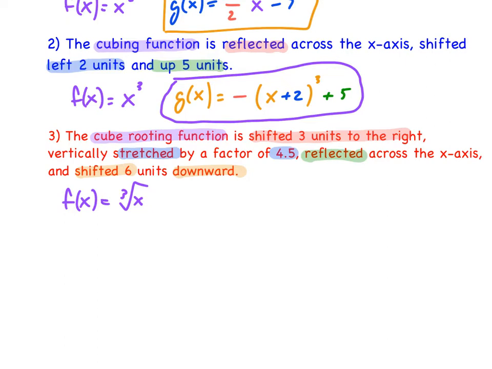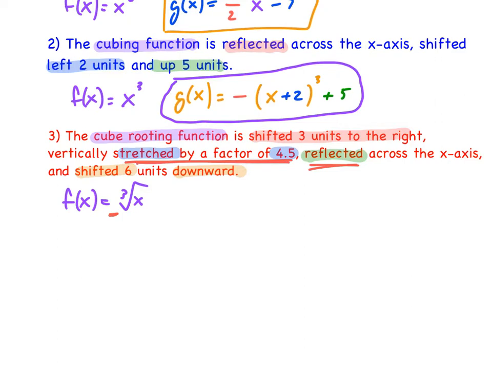A lot going on here, and they actually kind of did things out of order. So if I think about what a controls, like what the thing in front of the radical would control, that's going to be my stretching, my shrinking, my reflecting. So I'm going to make note of those things first, what things would be in this spot here. So anything about reflections or stretches, shrinks. These pieces here need to be dealt with first.